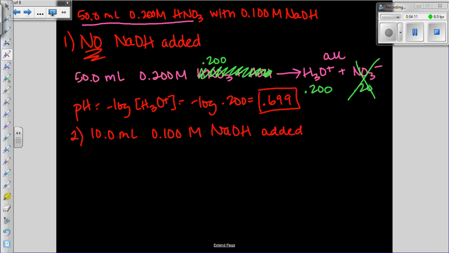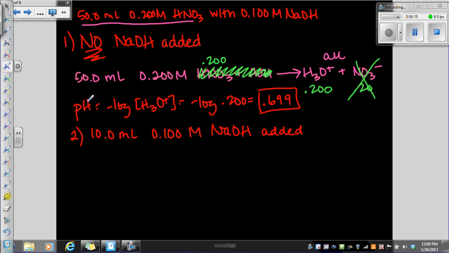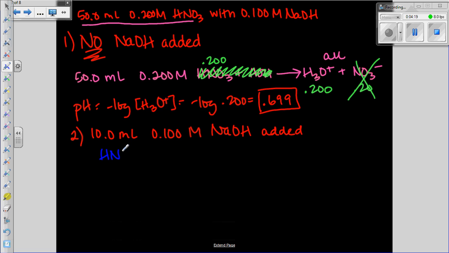And so what we want to do is write a balanced equation. So I have nitric acid and I have sodium hydroxide. When those two interact, we will get sodium nitrate and water.